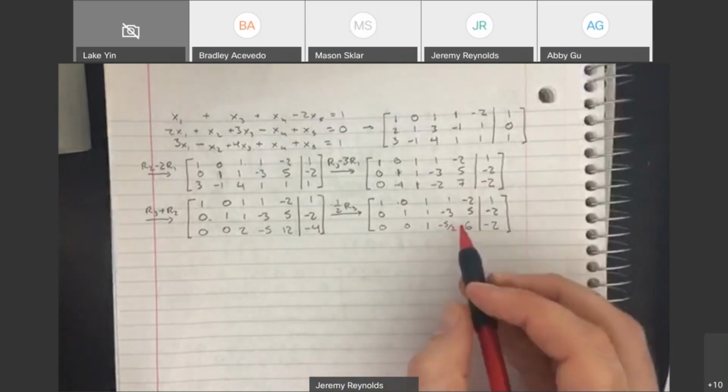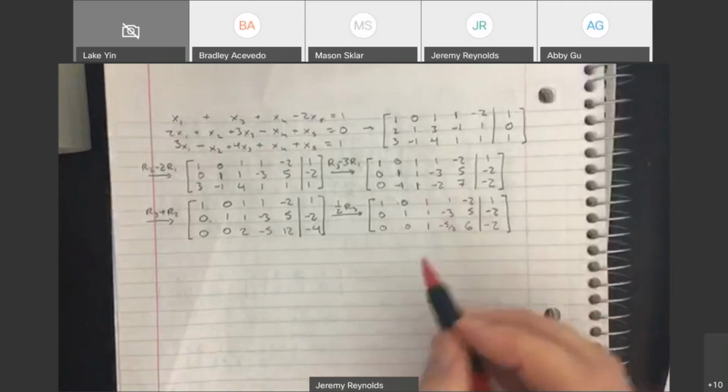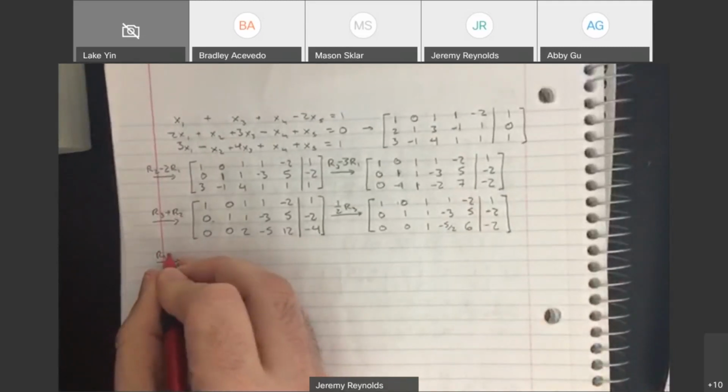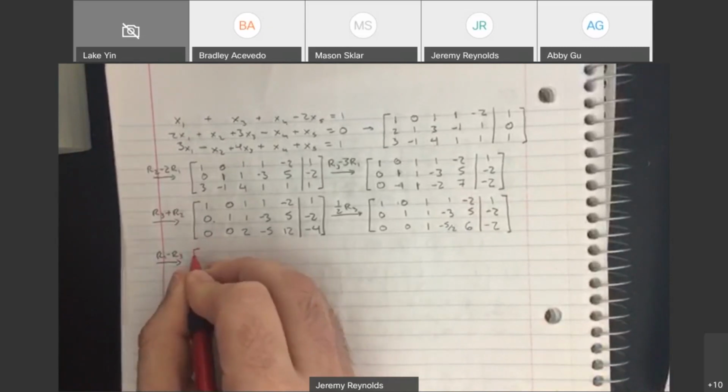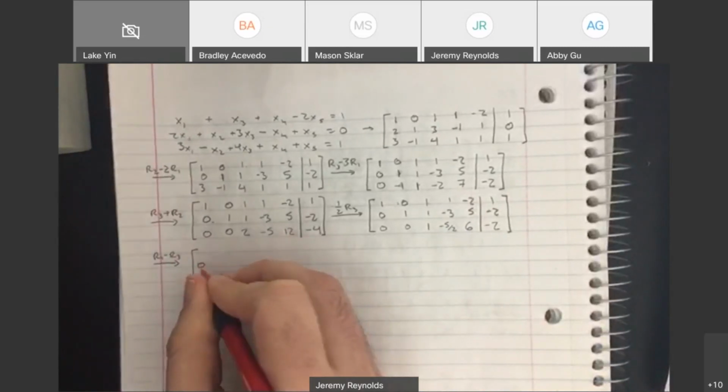In order to do that, we're going to have to subtract row 3 from row 2 and row 1. So let's start with row 1. We'll do row 1 minus row 3. Row 2 and 3 are going to stay the same.